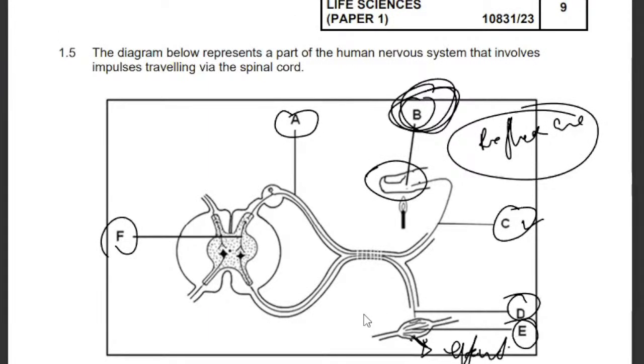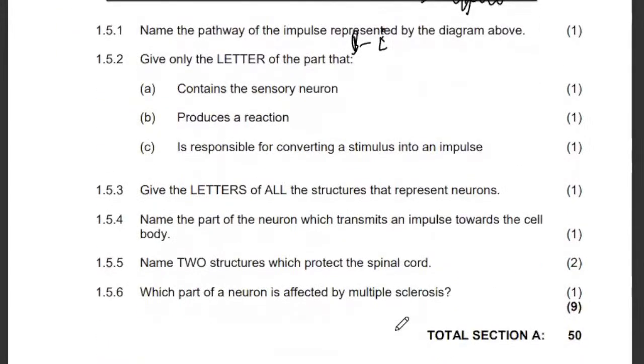Because it converts. Once the stimulus comes, it's converted into a nerve impulse, and then the impulse moves along the neuron to where it is needed, maybe to the central nervous system, that's the brain, or the spinal cord. So it depends.